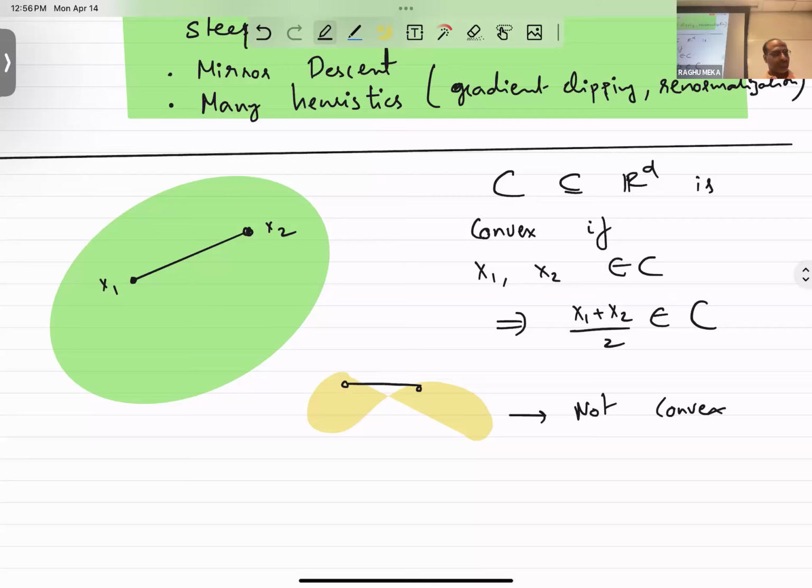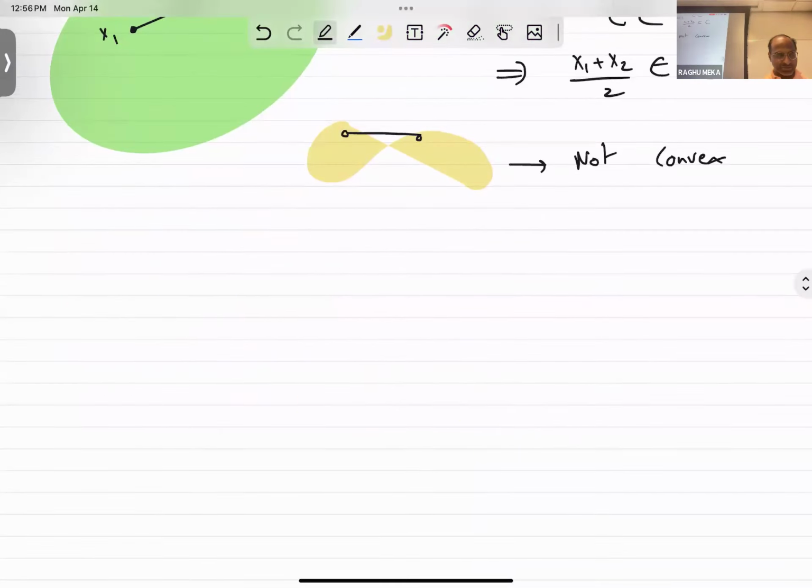Okay, and all of the optimization that we did was for unconstrained optimization. Right, we said there's no constraints on where the parameters should lie. What if I tell you the parameters are only allowed to be non-negative? What if I tell you the parameters have to be like a probability distribution? And you come up with problems like this.